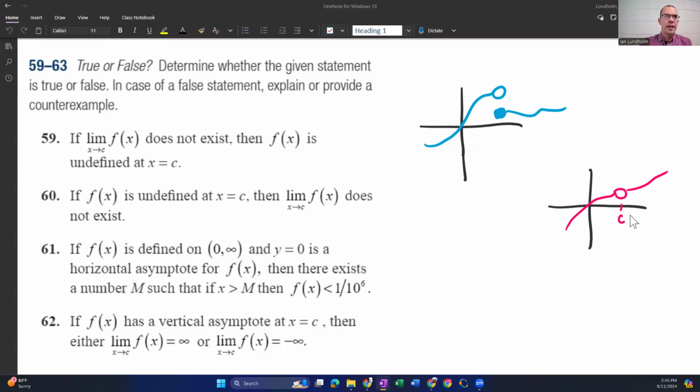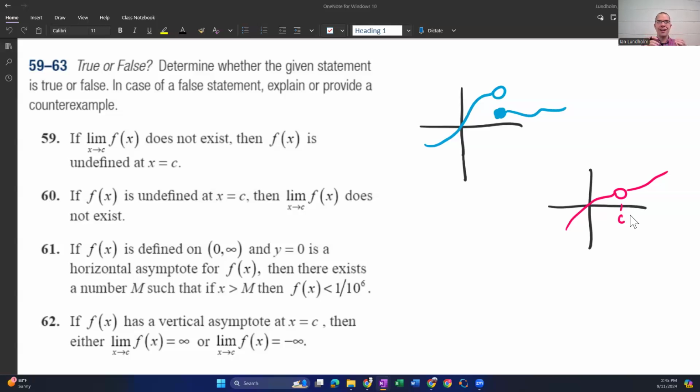61. If our function is defined for positive real numbers, and y equals 0 is a horizontal asymptote, which is basically the x-axis, then there exists a number m such that if our x values are bigger than m, then our y values will be less than 1/1,000,000th, or 1 over 10 to the 6th power.